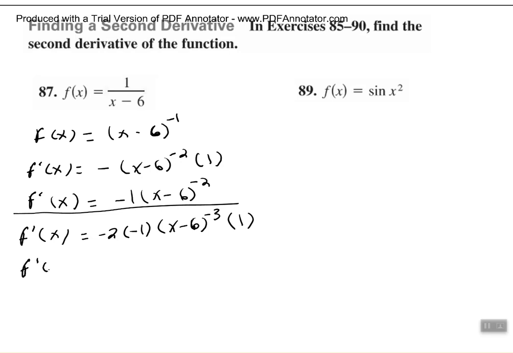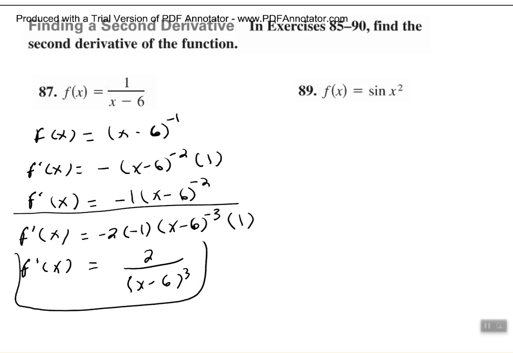All right, clean it up. So negative times negative makes positive 2 in the numerator. Move that x minus 6 to our denominator to change the sign of the exponent. Let's put a second tick there to represent the second derivative.